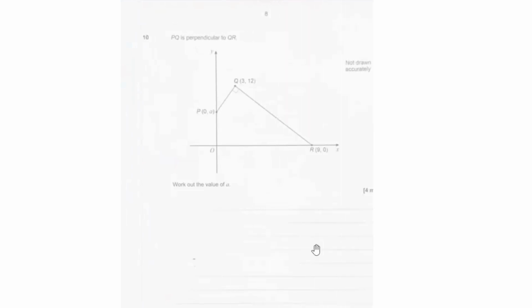Question 10 says PQ is perpendicular to QR. Work out the value of A. So if PQ is perpendicular to QR, that means we can use the gradient of the line QR to figure out the value of A over here. Why? Because when two lines are perpendicular, the product of their gradients equals -1. Always. That's a given condition.